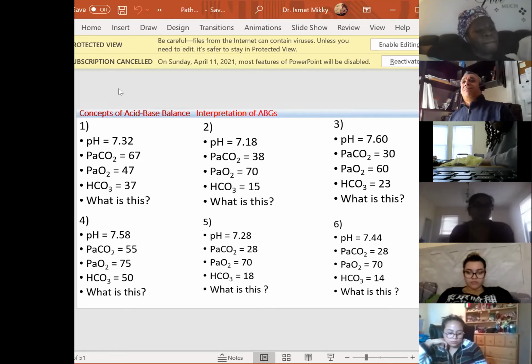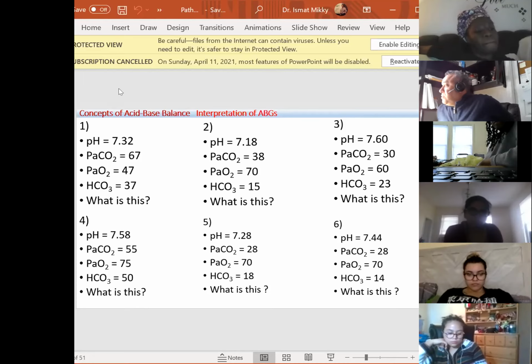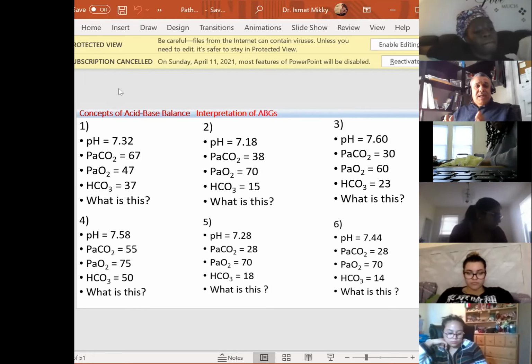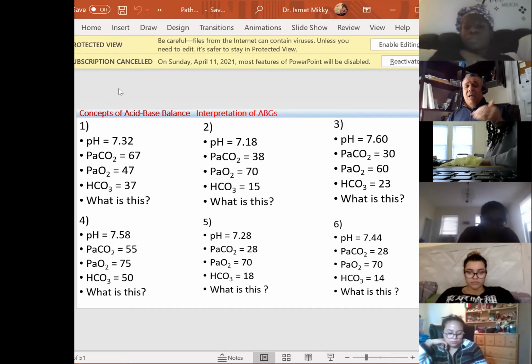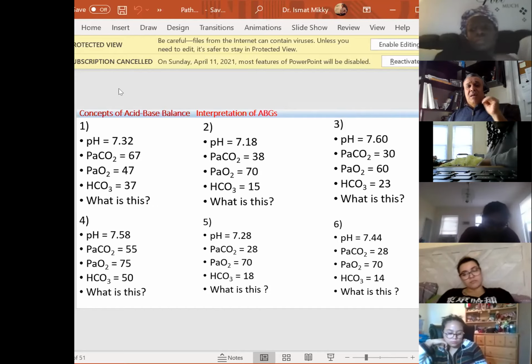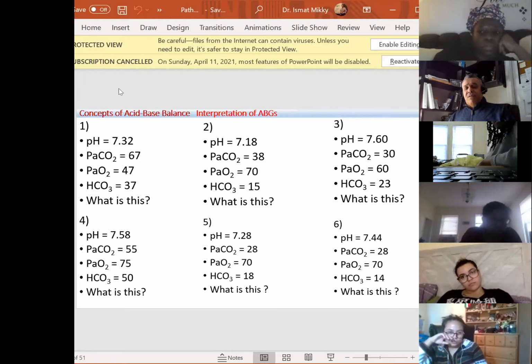When we say the pH is 7.32, is this acidotic or alkalotic? Acidic. Okay. The normal range is 7.35 up to 7.45, so 7.32 is less than 7.35.